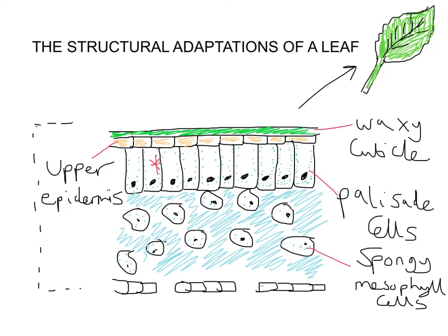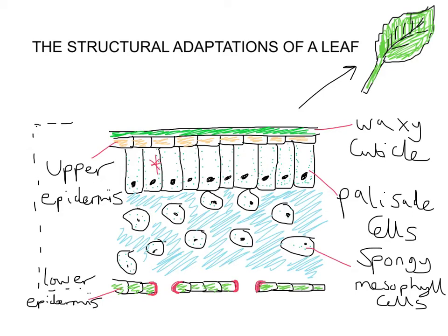And as you might imagine, these cells here, I'm just colouring in, form what's called our lower epidermis. Now you notice I've left some gaps there. I've left some clear gaps, and it's because of something very special about these particular gaps, if you like.